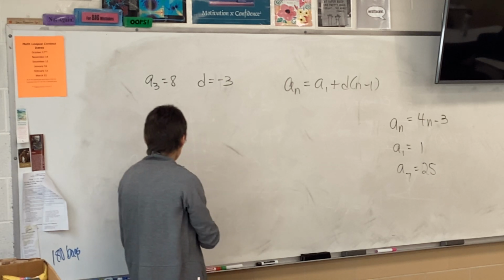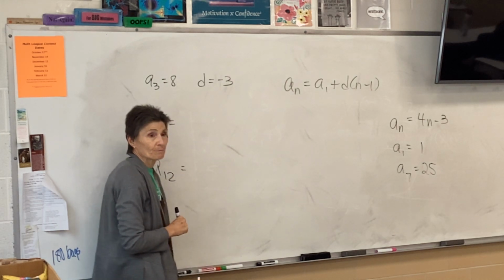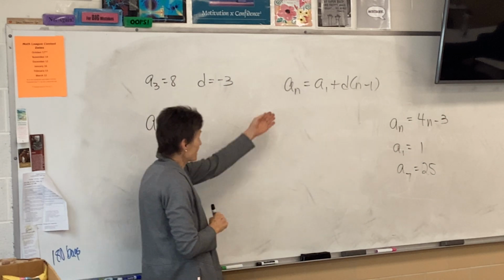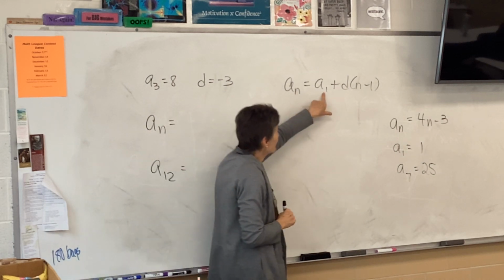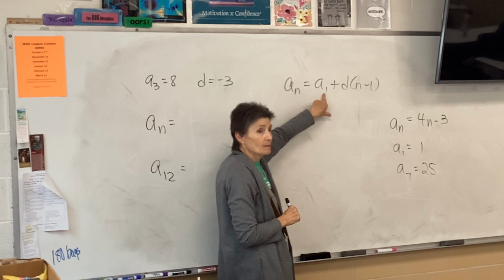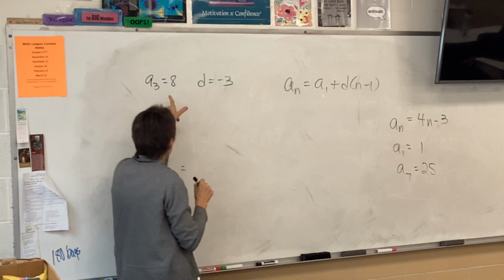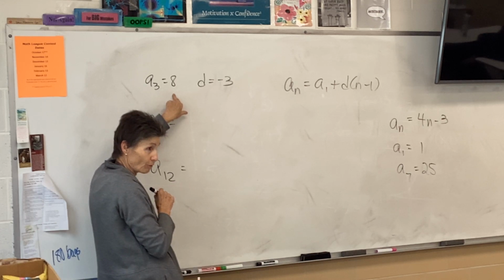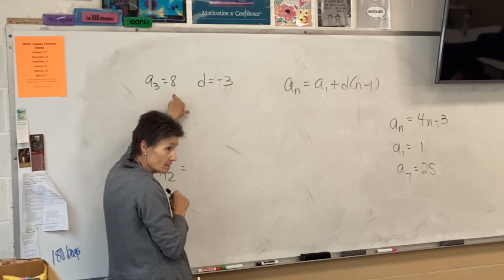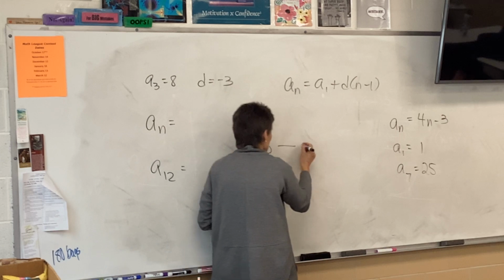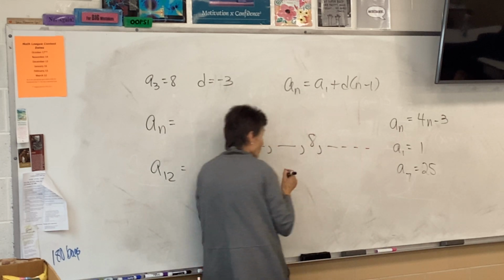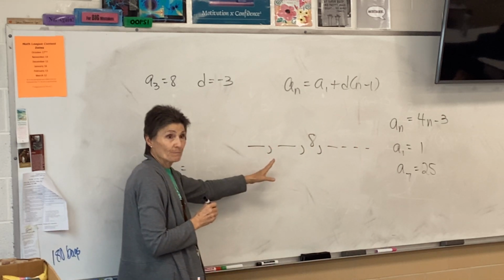If I want to find a sub n using this formula, what do I need to figure out? What my first term is. Now, what did they tell me? They told me that my third term is 8. So if I think about this, this is what my sequence looks like, right?